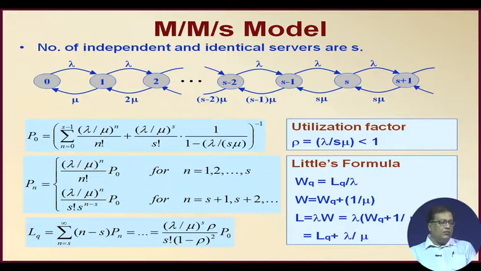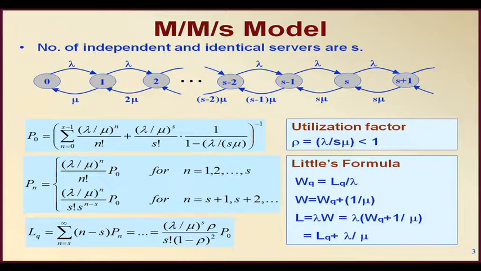The way we have used rho here, it is taken from the Hillier-Lieberman's book, and rho is used as lambda by S mu, which is the utilization factor. Those books which write lambda by mu equal to rho, they just substitute lambda by mu by that factor, and they do not mean rho as the utilization factor.